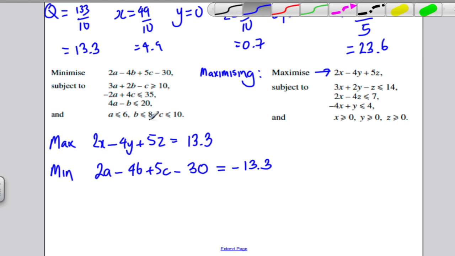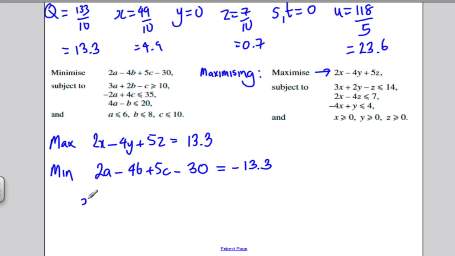Well, we know that when we solved this, x was equal to 4.9, and we said that a was defined to be 6 minus x, which was 6 minus 4.9, so a must equal 1.1. At this point we've said y is 0, and we know that b is 8 minus y, which is 8 minus 0, so b must be 8.